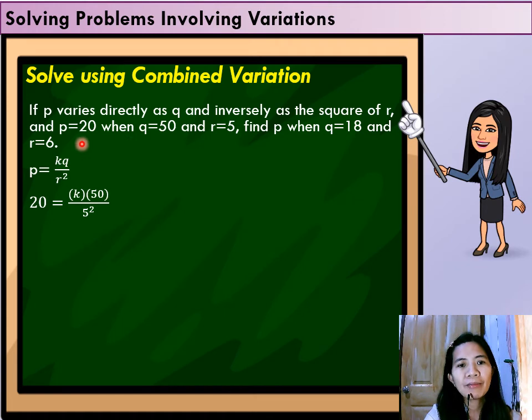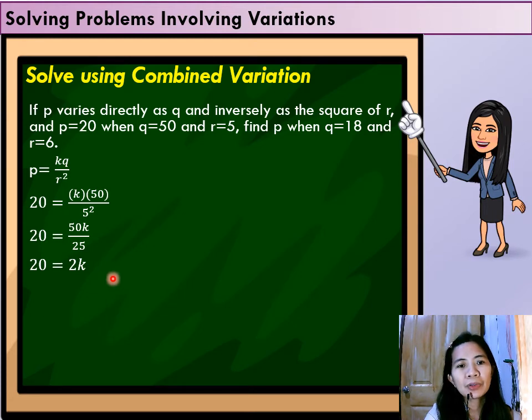So we have P is 20, Q is 50, and R is 5. Remember we square the R. So simplify. We have 20 equals 50K all over 5 squared, which is 25.